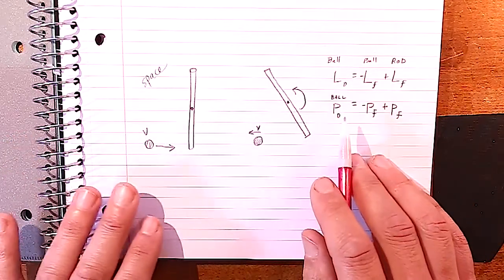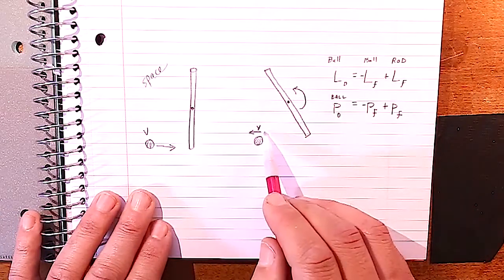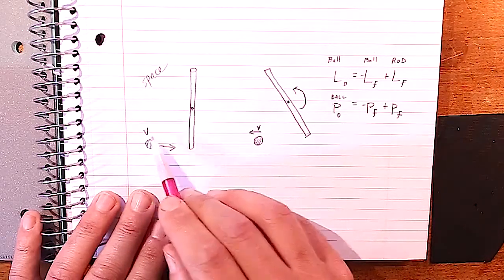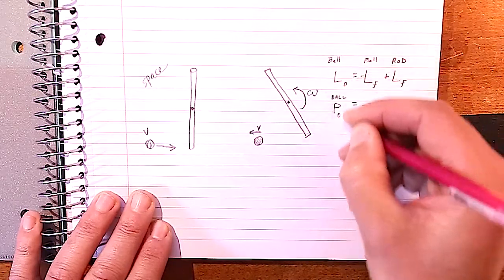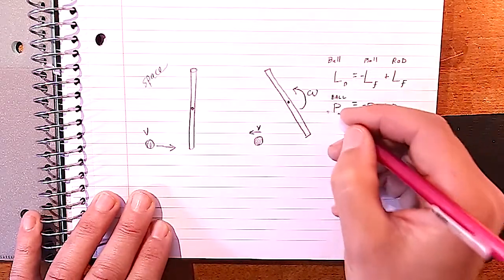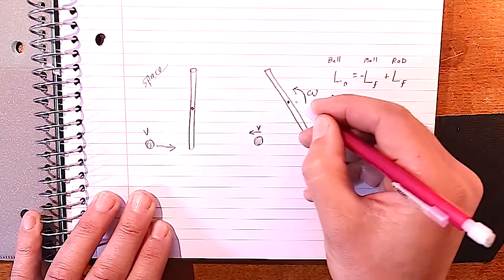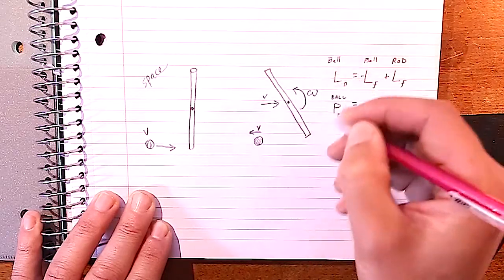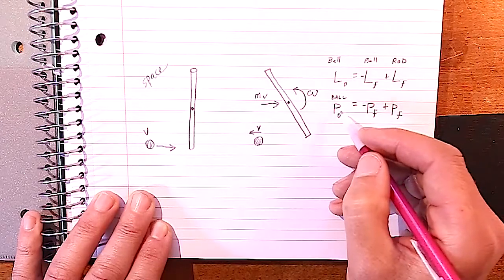There's lots of different combinations. But let's just say that the ball hits and moves back at some velocity less than what it came in at. So this v is more than that v. And then the rod gains angular velocity. But there's also something else happening, and that is that the center of mass is translating through space. The center of mass is moving this way, and it has mass, so it gains linear momentum.